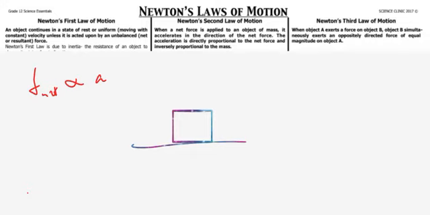Then that is not all he said. He also mentioned some relation regarding Newton's second law. He mentioned that force is directly proportional to acceleration, and he said something else: inversely proportional to the mass of an object. Let me just write it down, maybe it's going to make sense.